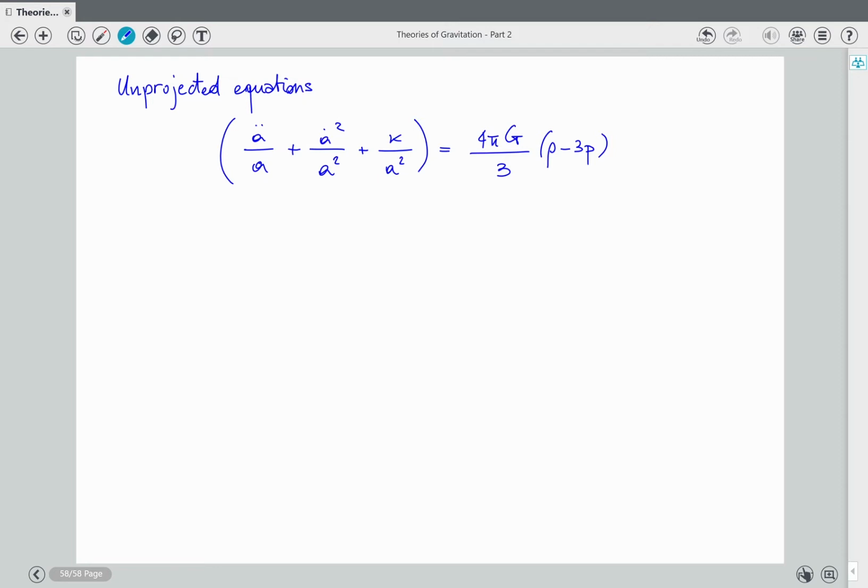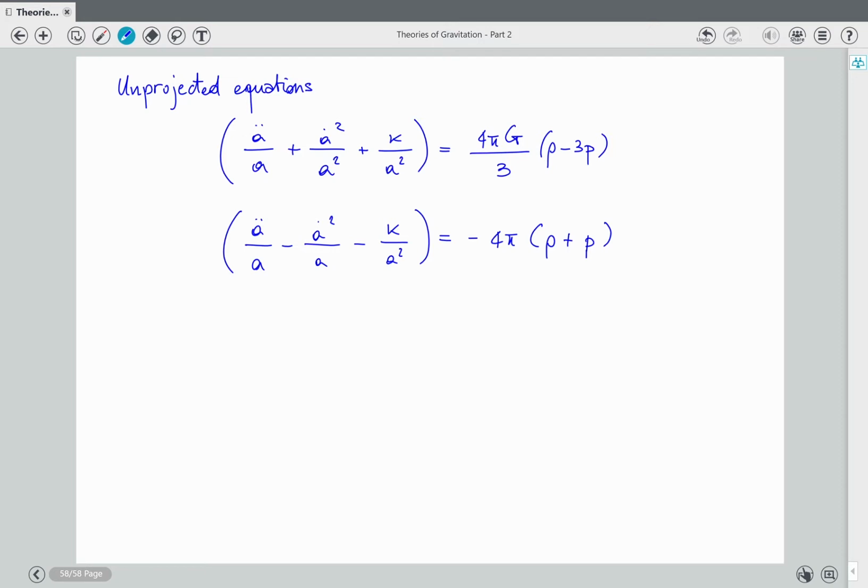I will tell you what G is. G is the Newton constant, but it is related to the parameters I've been using in a certain way that I will tell you later. So, some notation.